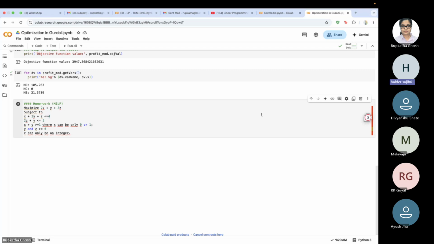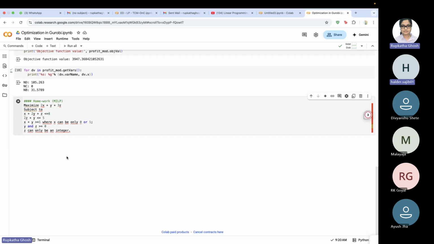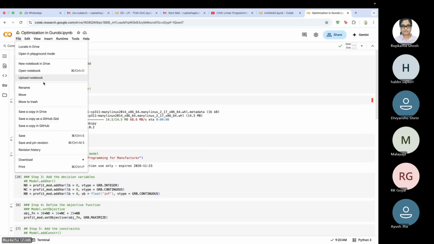Is it possible to share the notebook in our chat box, so that we can remember what the homework is? Sure, I'll just do it now.